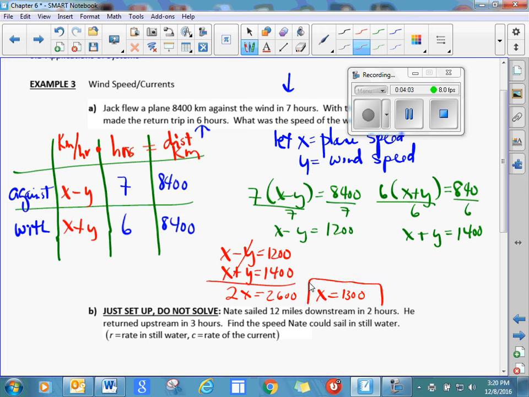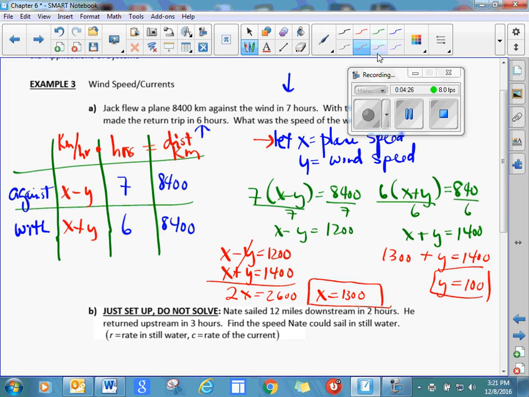So that's how fast the plane was going, because that's what we let x stand for. And then if we use the x plus y equals 1,400 equation to plug in to find y, subtract 1,300 from both sides, and you get y equals 100.